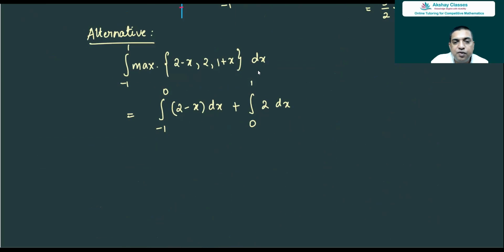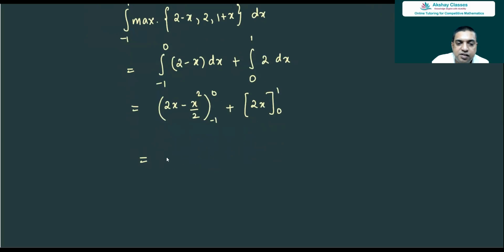And the largest function we have written in both the cases. Now we can integrate this. Integrating this, we can integrate individually: 2x minus x square upon 2 from -1 to 0, plus 2x from 0 to 1.